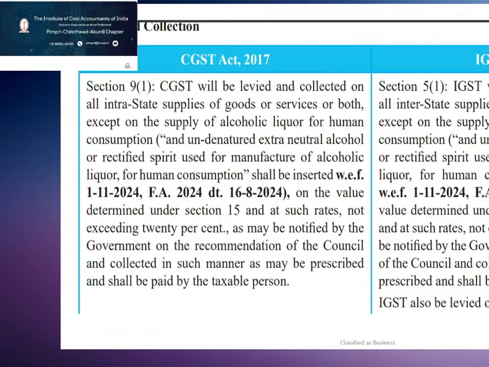So the total cost is 7,80,000 and the profit margin given is 40%, so the profit is 3,12,000 on 7,80,000. Then GST at 18% is payable, and the total invoice price is 12,88,000.